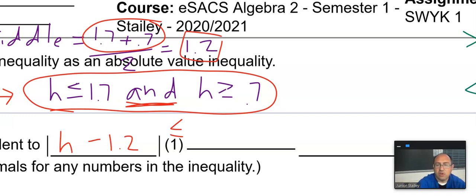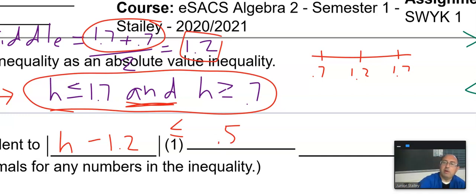If you think about it, we've got 1.2 in the middle and 1.7 up here and 0.7 down here, we want it to be less than or equal to 0.5 units, half a unit. Half a unit above, right? So basically what you're doing is you're taking this distance right here, 0.5, and this distance right here, 0.5, and we're saying we can go above and below 1.2 by 0.5 units, okay?